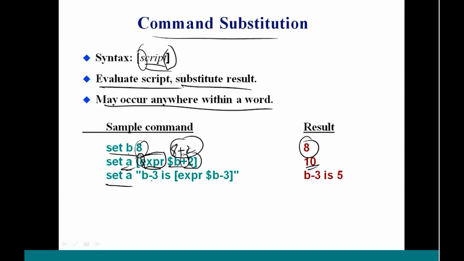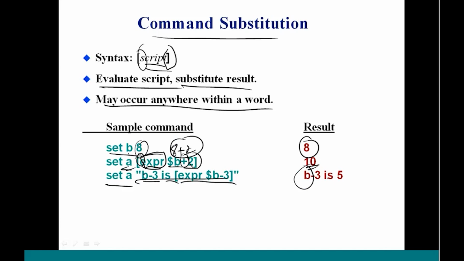Now what happens when we say set A "B minus 3 is [expr $B - 3]"? Notice that there is no dollar in front of the first B, so B is taken as just another string, and this whole thing is a string.